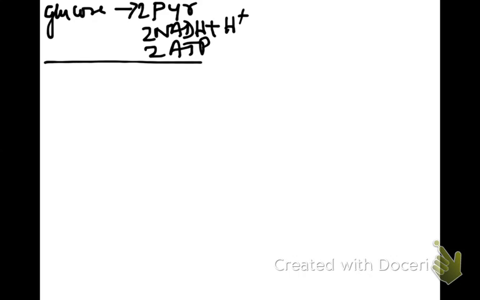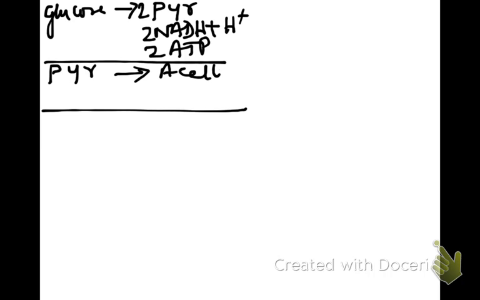Now this pyruvic acid gets converted in an intermediate cycle. Pyruvic acid gets converted to acetyl CoA and I get an NADH.